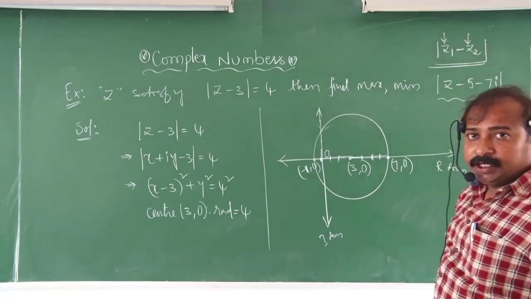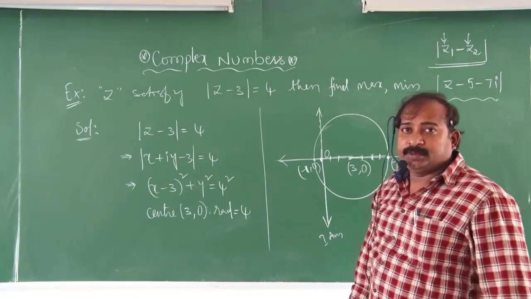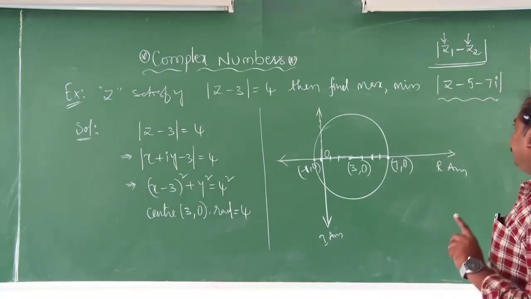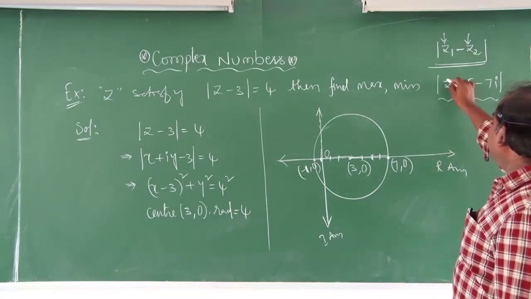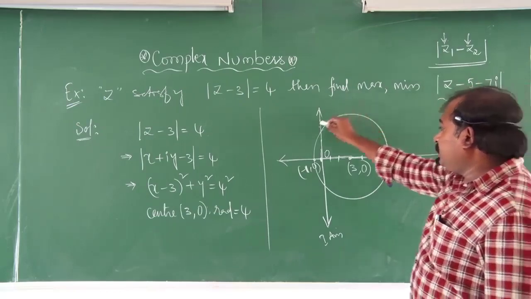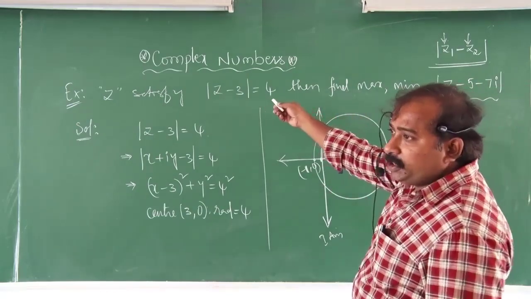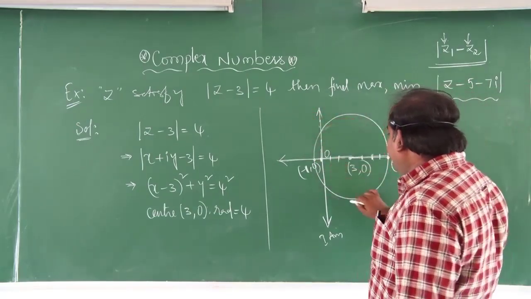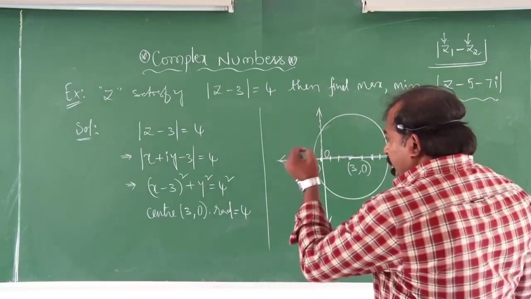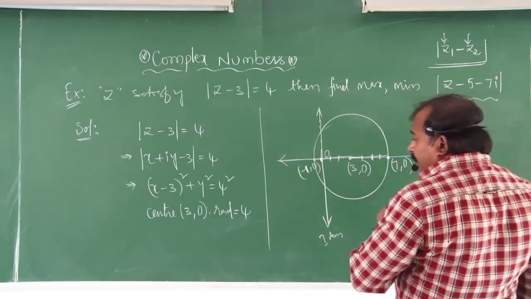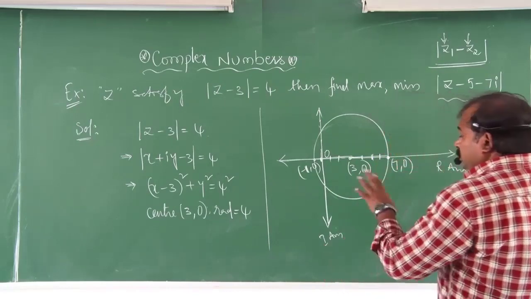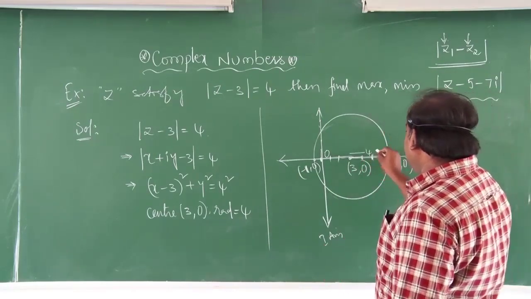So here also z is any point satisfying this condition. That means z is any point on the circumference of the circle with center 3, 0 and radius 4 units.